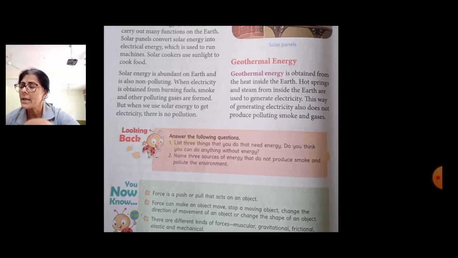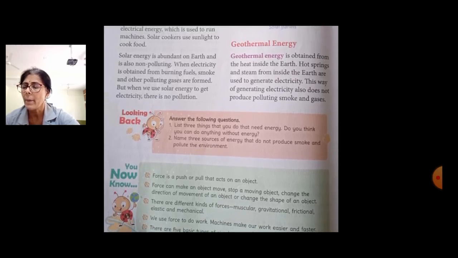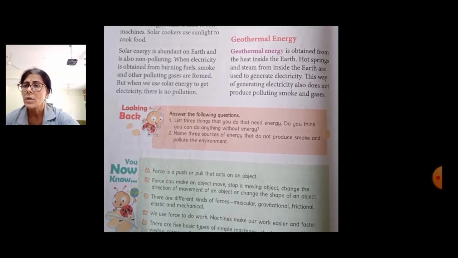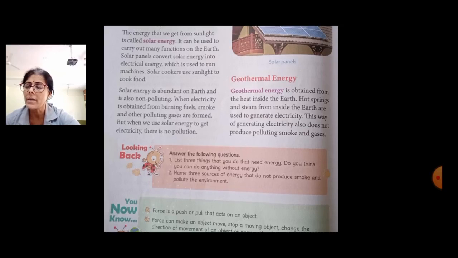When electricity is obtained from burning fuels, smoke and other polluting gases are formed. But when we use solar energy to get electricity, there is no pollution. Matlab, this is environment friendly. Now, geothermal energy. Geothermal energy is obtained from the heat inside the earth.